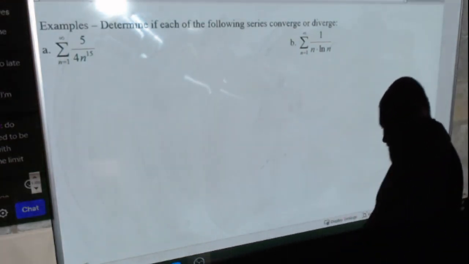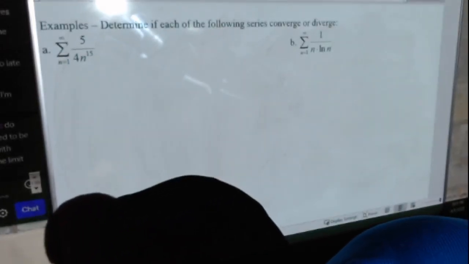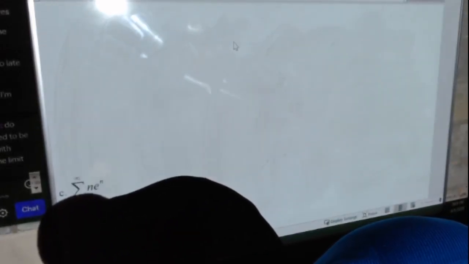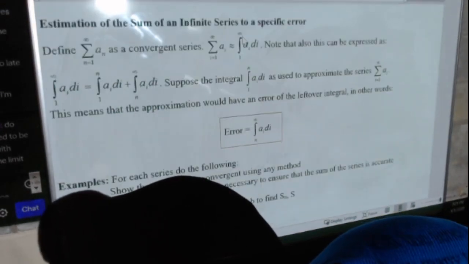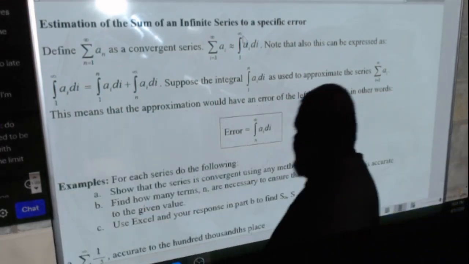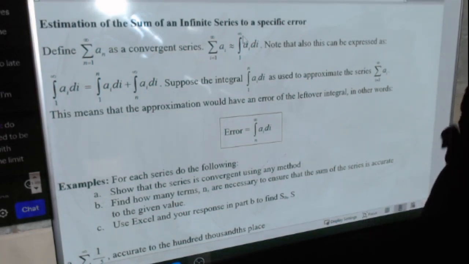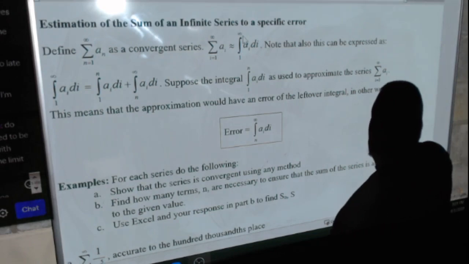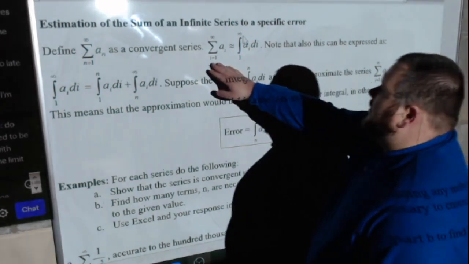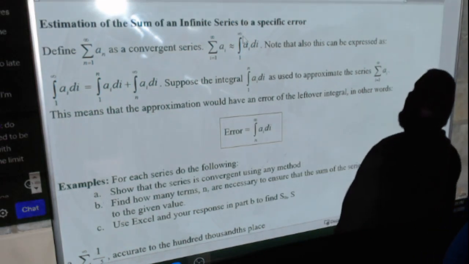Okay. So this next topic is getting a specific error for a sum. So the idea here is you have a sum that you know converges, and because it's an infinite sum, you can approximate it with an integral.